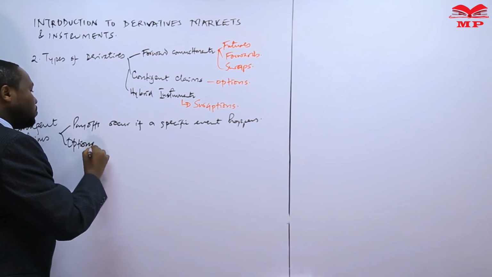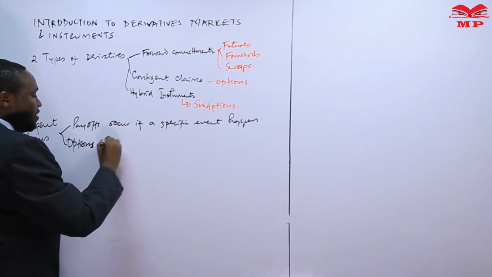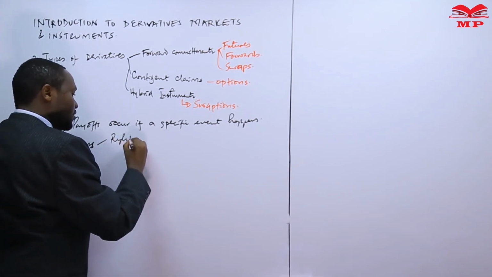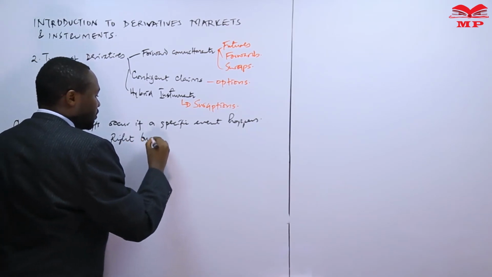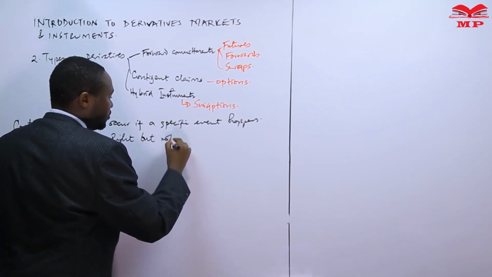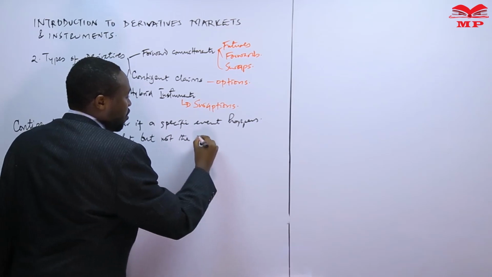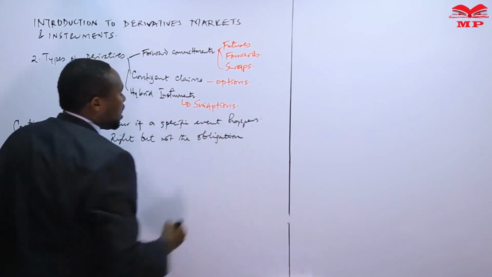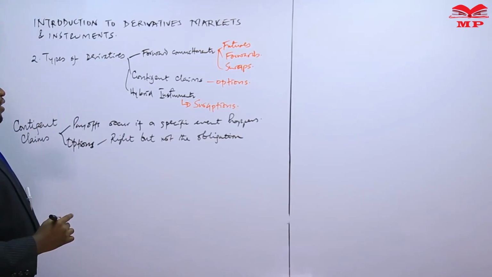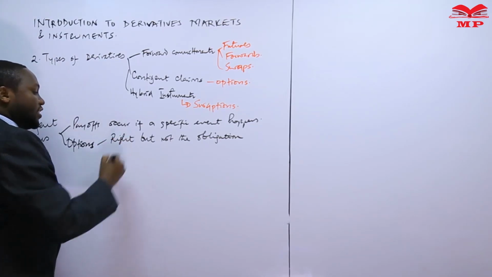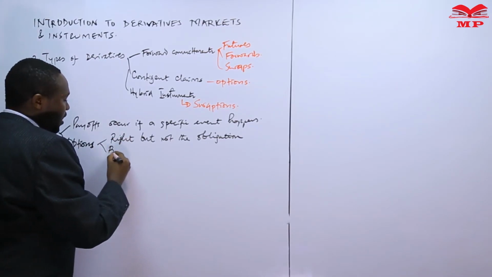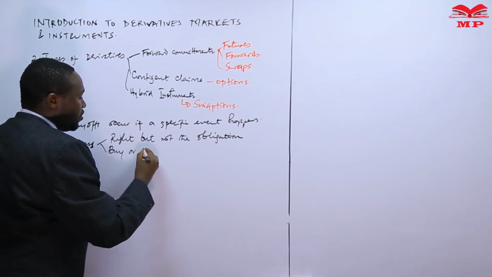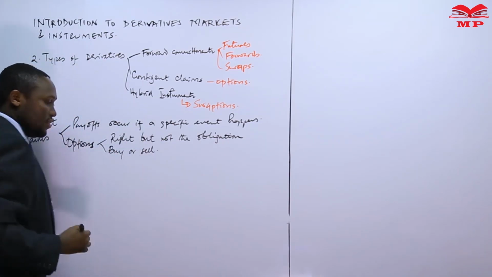And how do options behave? They give the right but not what? The obligation. And the right to do what? To buy or sell.